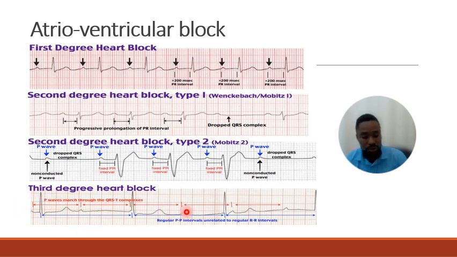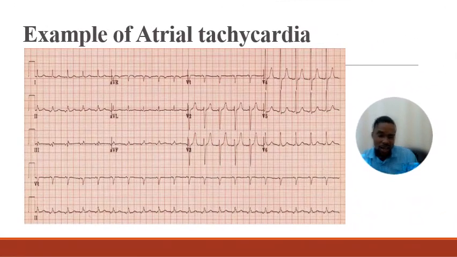The PP is normal, the RR interval is normal, but there is a consistent drop in QRS complex, and it's a very dangerous reading. The second degree type 2 is also dangerous because type 2 happens below the AV node, in the ventricle, so it's more dangerous than even type 1. But type 1 can turn into type 2.